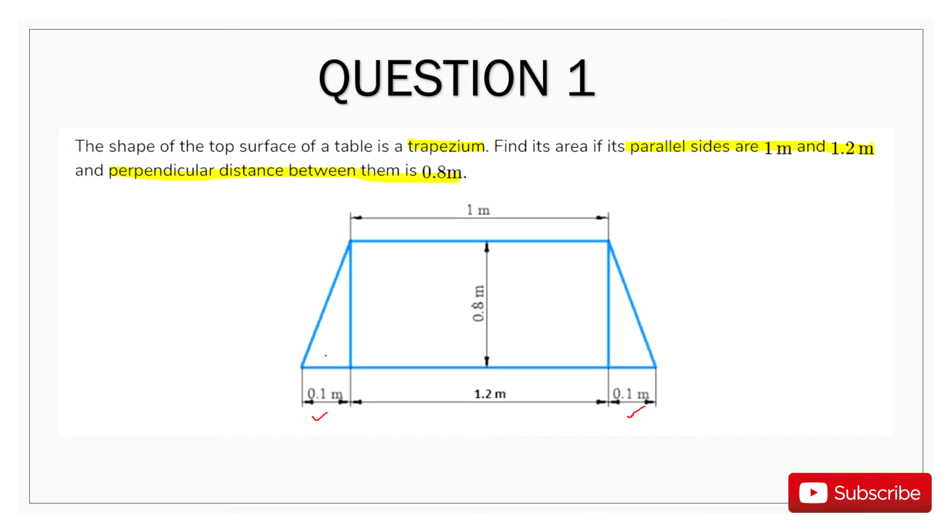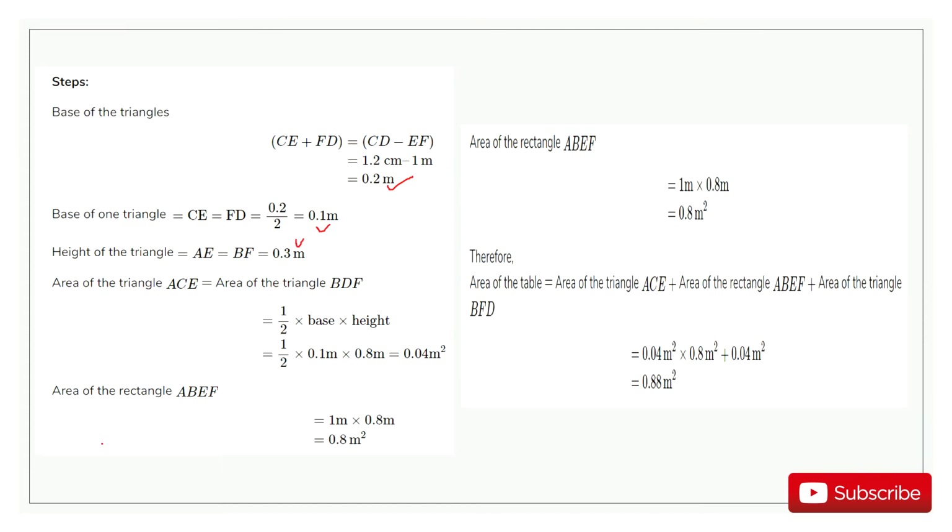These two are considered as right angled triangles, figures marked as 1 and 2. Then in the center we have a rectangle, so we will do the area of the rectangle, which is figure number 3.